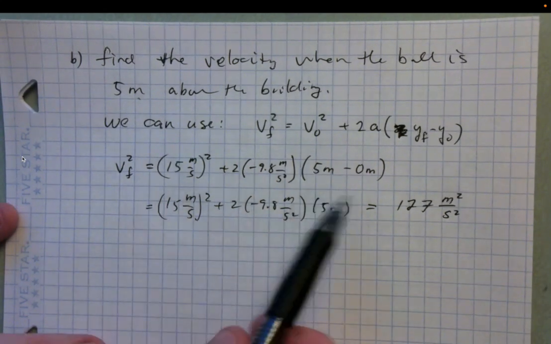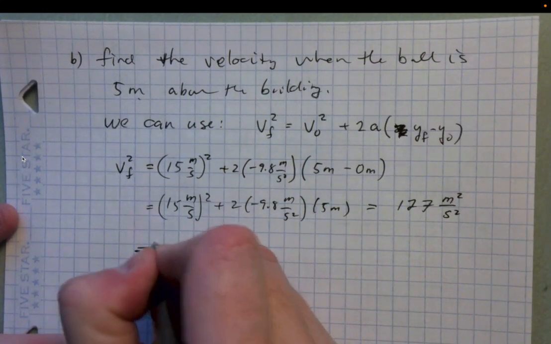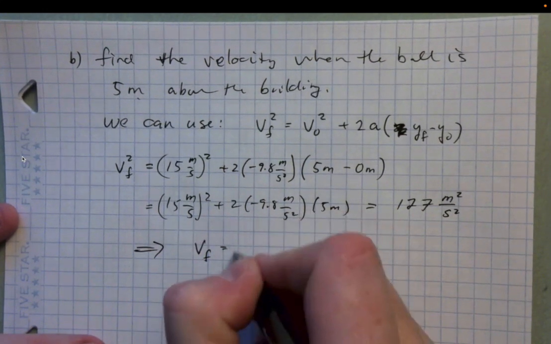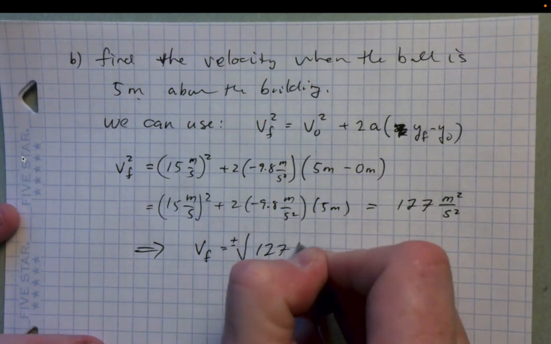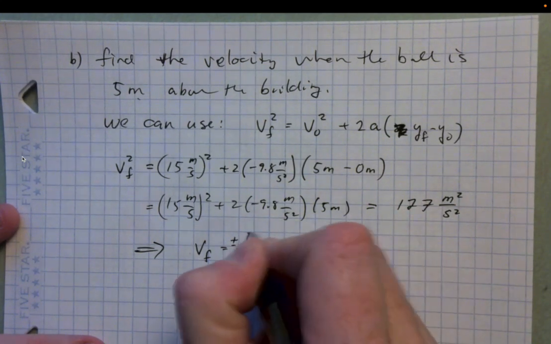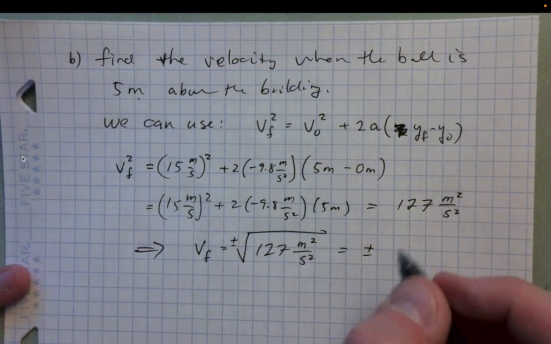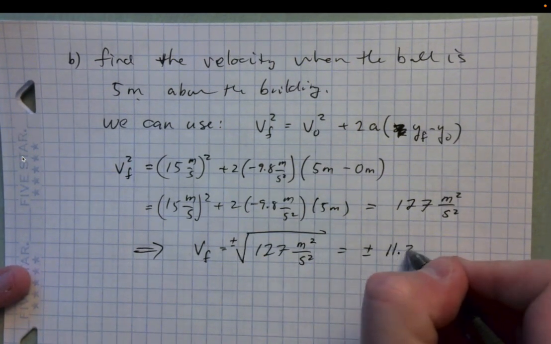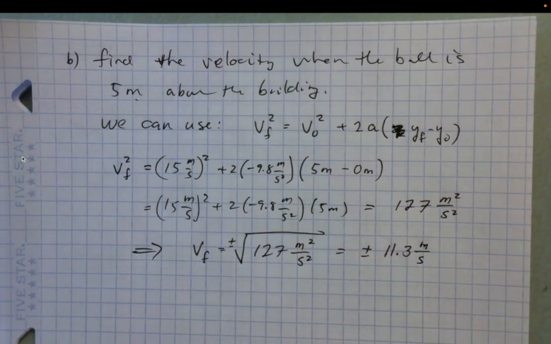This is the square of velocity, so that makes sense. So the actual velocity would just be the square root of that. The final velocity would be plus or minus the square root of this, and if you plug that into a calculator, you get plus or minus 11.3 meters per second.